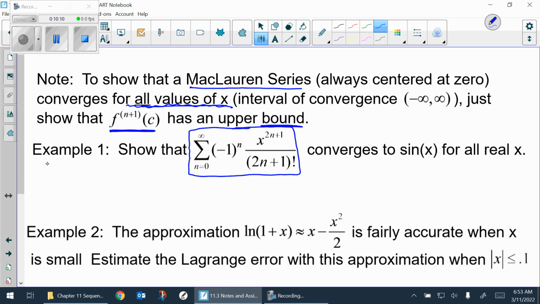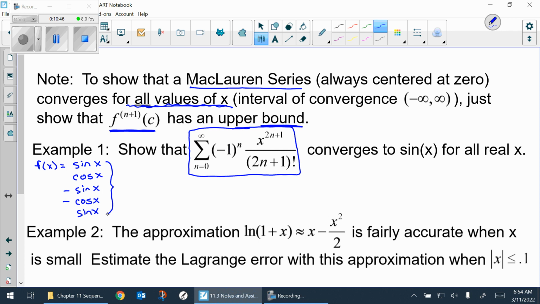Now, if we think about f of x equal to the sine of x, let's talk about its derivatives. Derivatives are cosine of x, negative sine of x, negative cosine of x, and then we're back to sine of x. And these just keep repeating. Do these derivatives have an upper bound? Do these derivatives have a value that they never ever exceed?